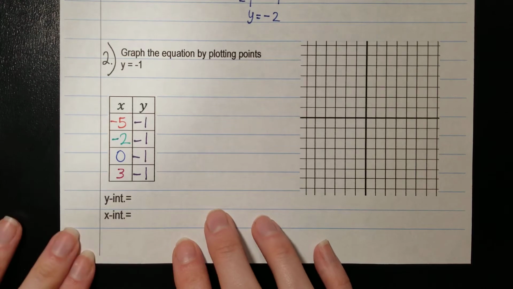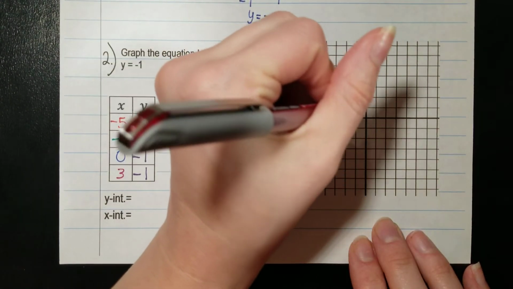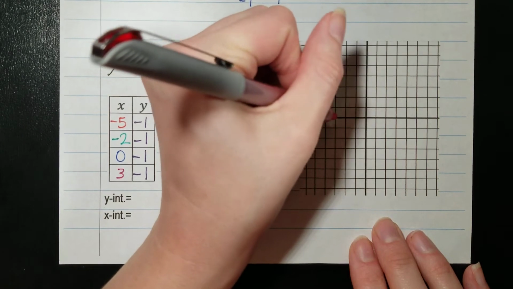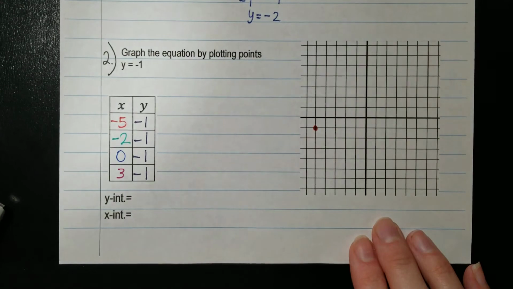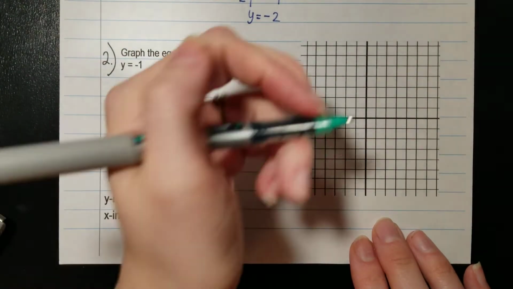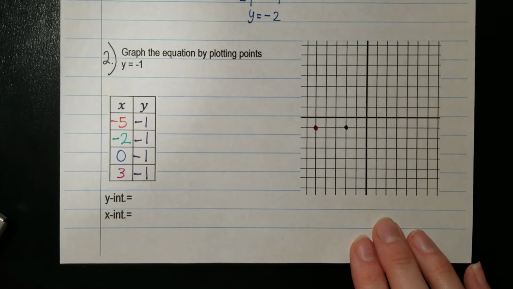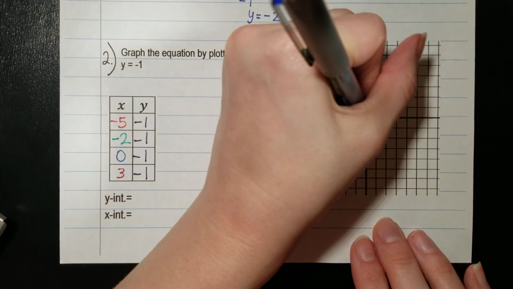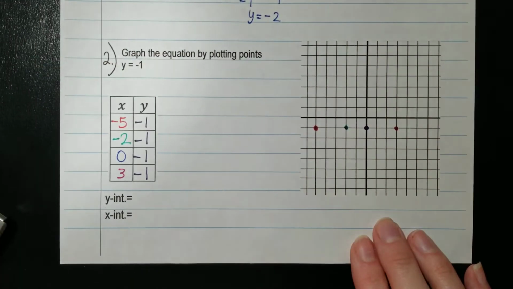All right, and now I'm going to go ahead and plot those points. There's the first one, (-5, -1), (-2, -1), (0, -1), and (3, -1).